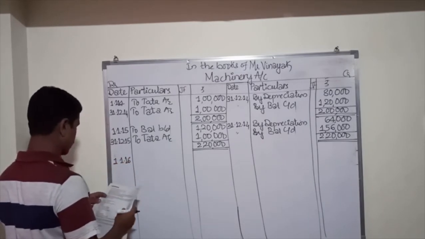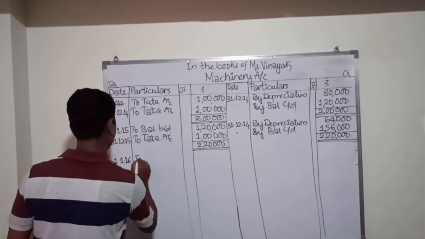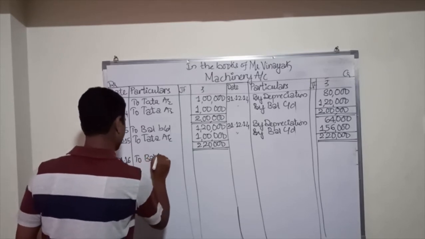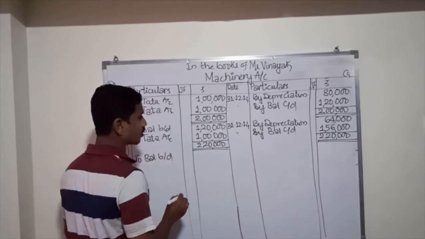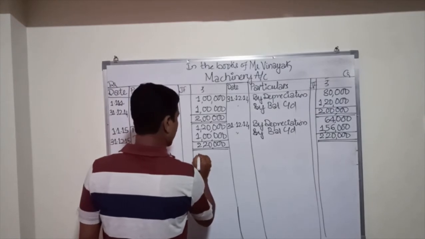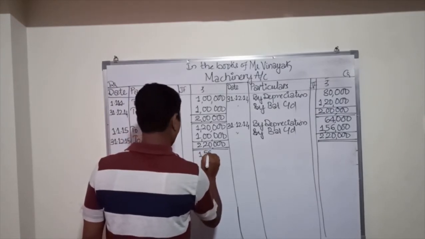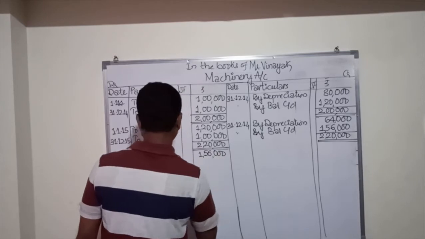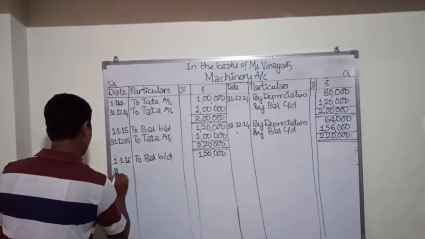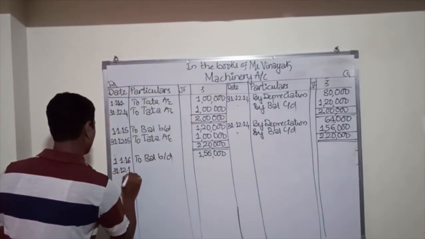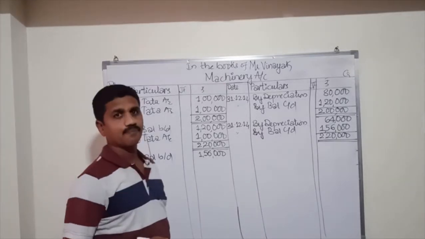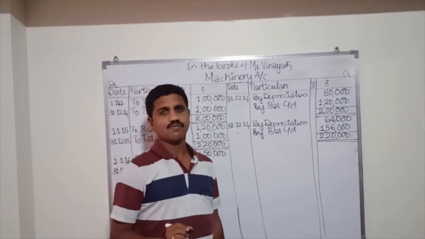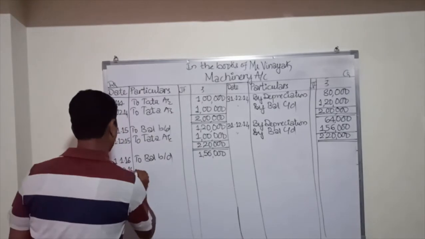So this is the third installment now. The last year we are preparing the account for the machinery here. So balance brought down 1,56,000 here. So the third installment becomes due on 31/12/2016. Then the entry will be the same: machinery account debit, interest account debit to Tata Limited.